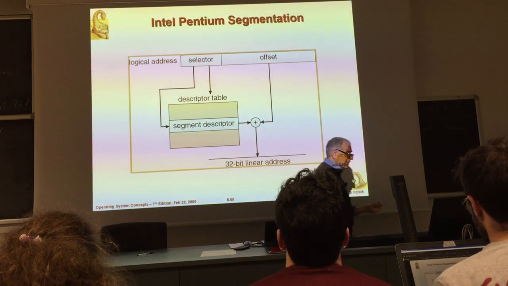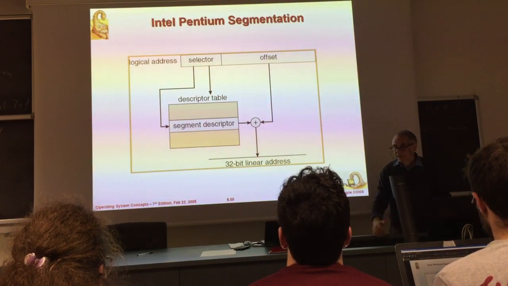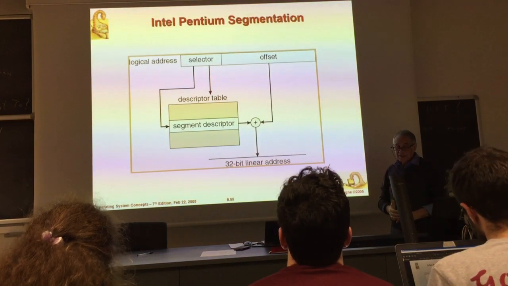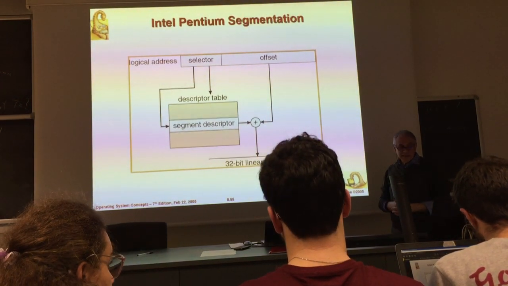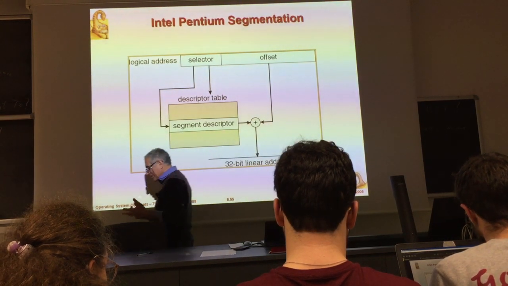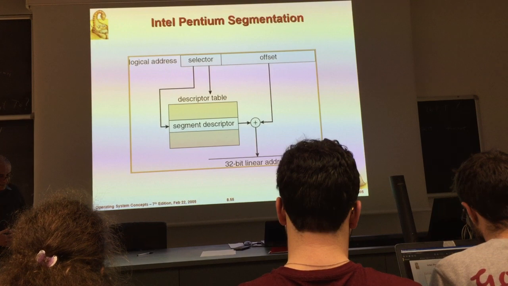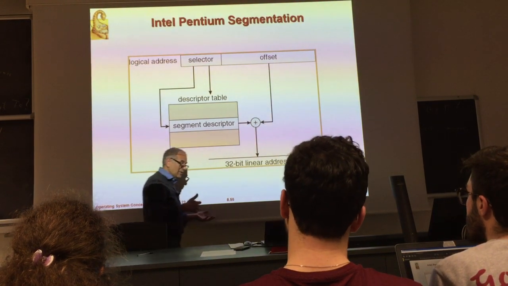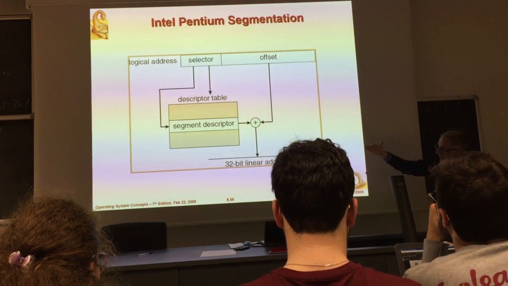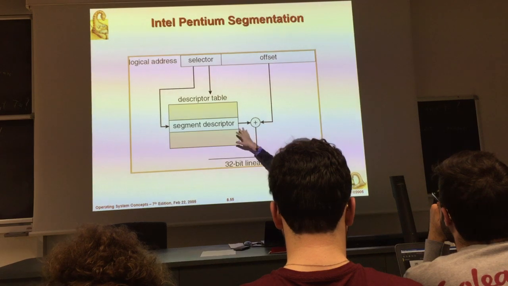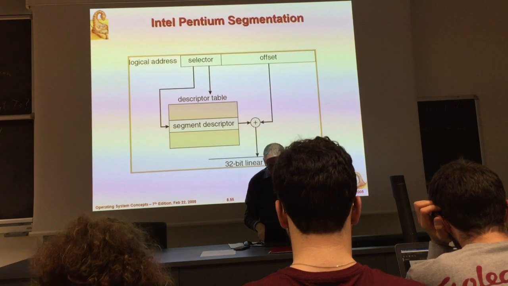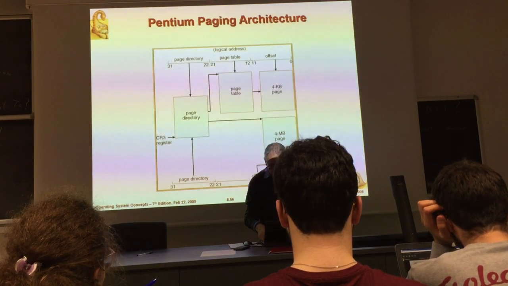For example, the interrupt table is accessed through a segment descriptor. The kernel memory is addressed as a segment or many segments, and the same is for the users. So this is for protection. Everything is passed through these segment descriptors. We will see it in more detail later on.